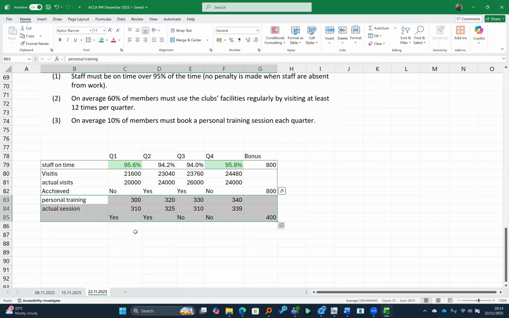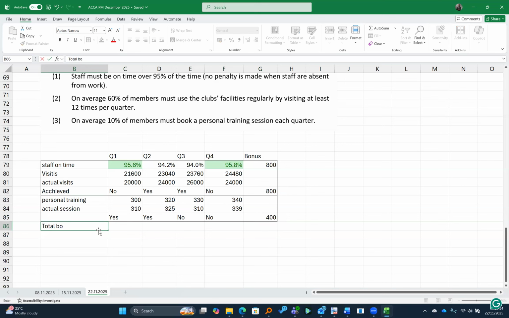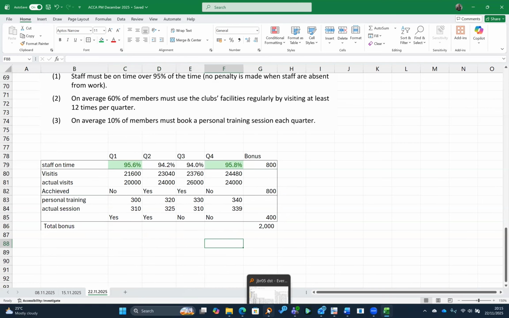Then we can now get the total bonus. Total bonus here will be $2,000. So that's how you could calculate that bonus based on the different aspects that were told.